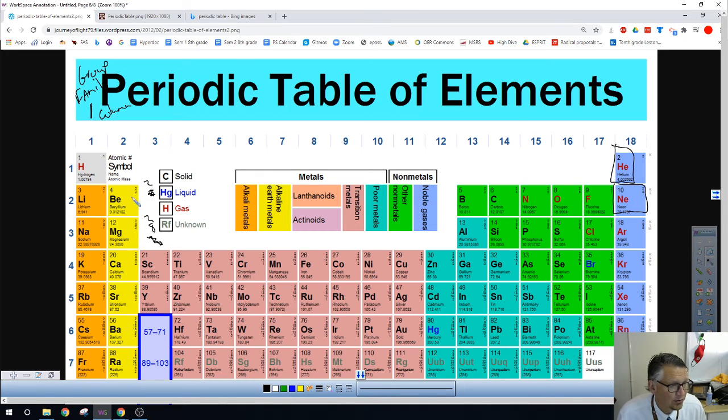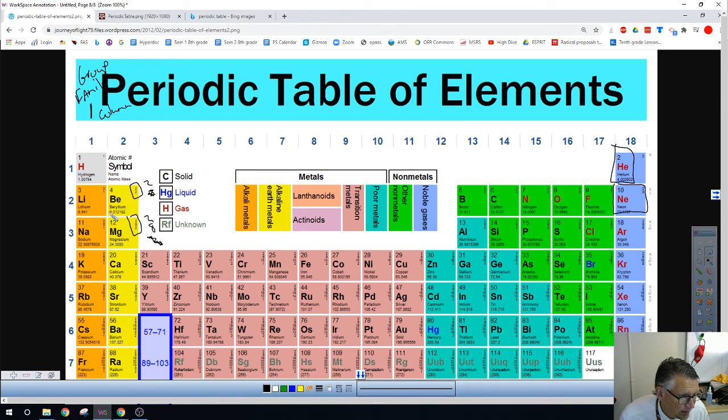Some of you realized that on some periodic tables, or when you Googled how many electrons something had, you got something like 2, 8, 2. And that tells us how many electrons are in the first shell, how many electrons are in the second shell, and how many electrons are in the third shell. And if you notice, as we go down this group, column, or family, they all end in 2.